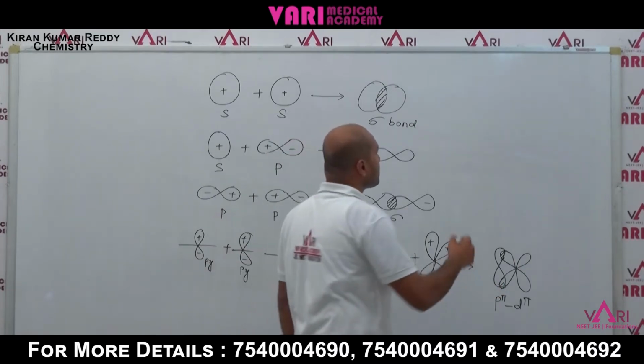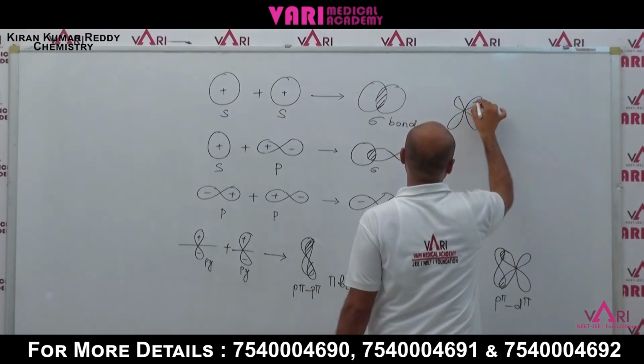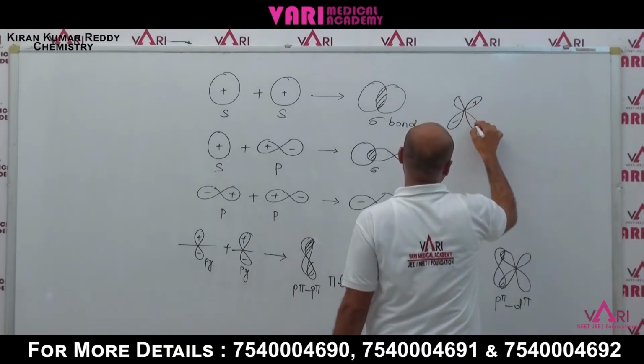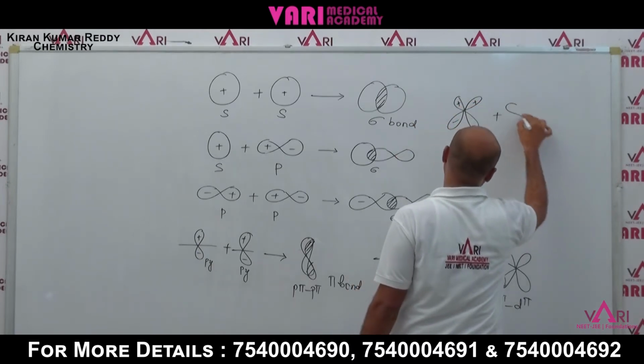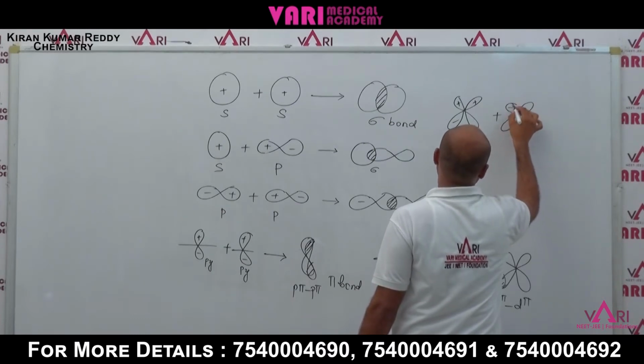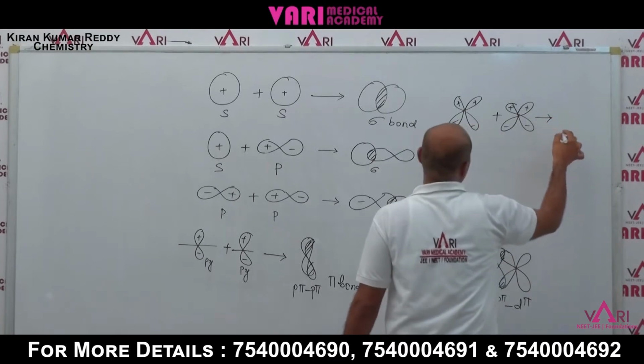If you overlap d orbitals, write down. Here a d orbital, plus minus, minus here, plus here. Another d orbital I am taking, here also plus minus, plus here, minus here. They are overlapping.